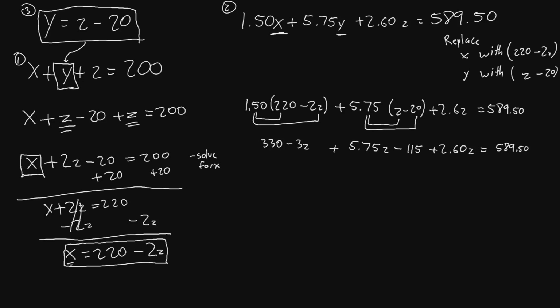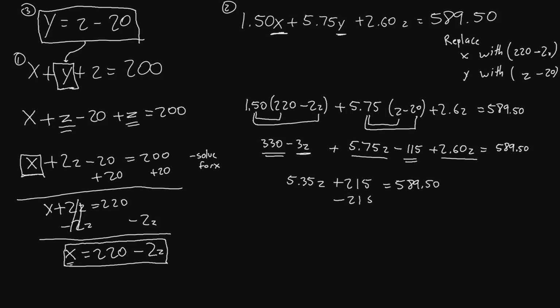$589.50. Now, let's combine our Z terms together and combine our constants together. If we combine all the Z terms together, we will get 5.35Z. If we combine all the constants together, we'll get plus 215, still equals $589.50.